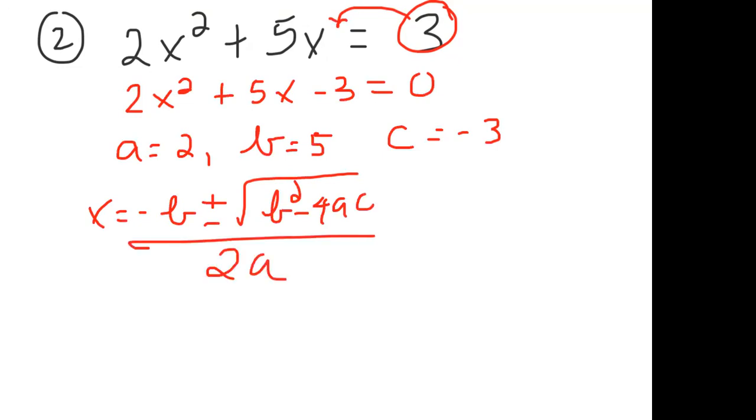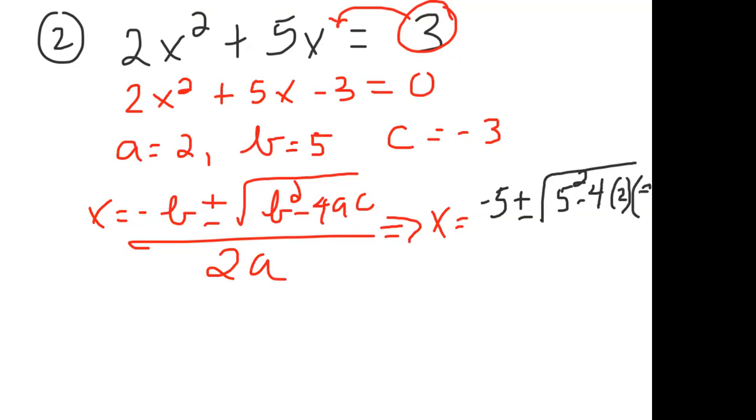So when I plug this in, I'm going to use a different color here. The opposite of b will be a -5, plus or minus, check your work, guys, 5 squared minus 4 times 2 times -3. Okay, and all of this gets divided by 2 times 2.